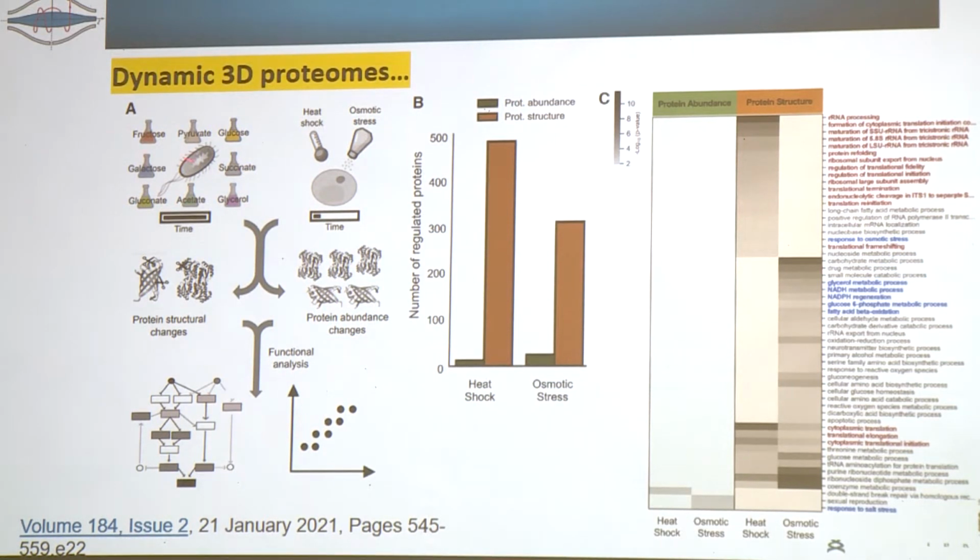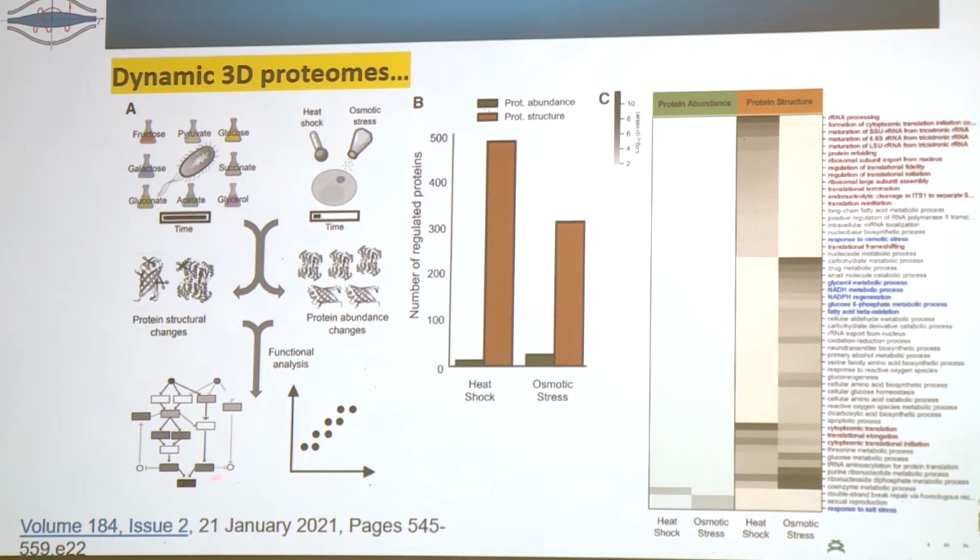I will prepare proteomes from the same cell, but under different conditions, for example growing conditions, or I will take a proteome and heat shock it, or I will perform an osmotic stress on the cell and see how the proteome is affected by this external signal that I'm imposing on the cell.